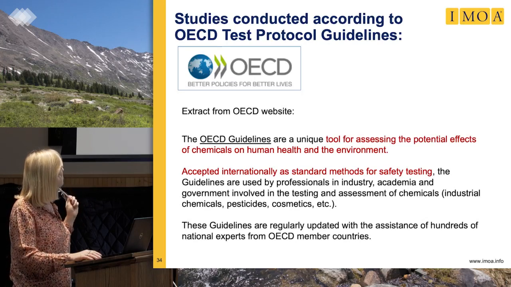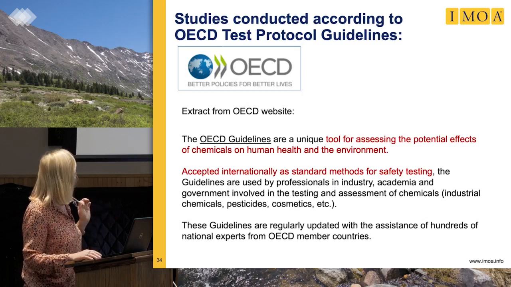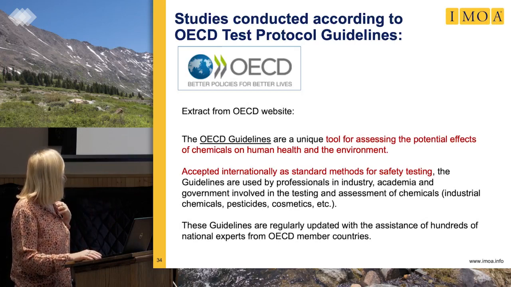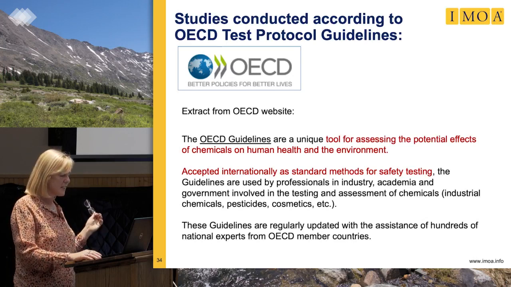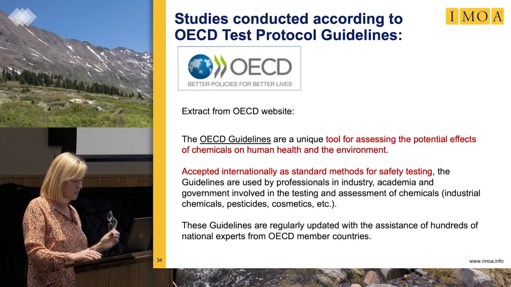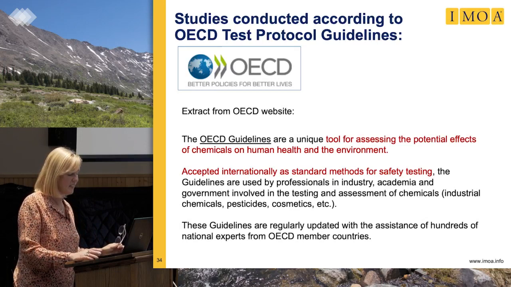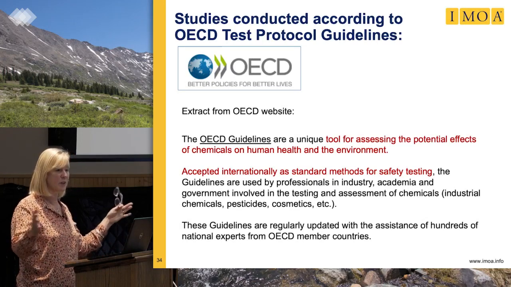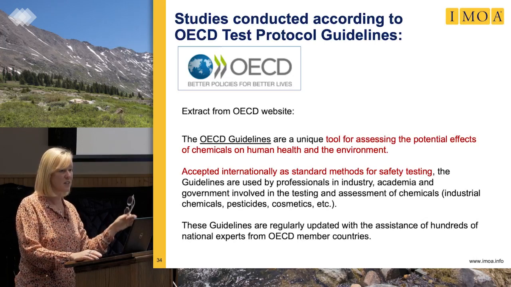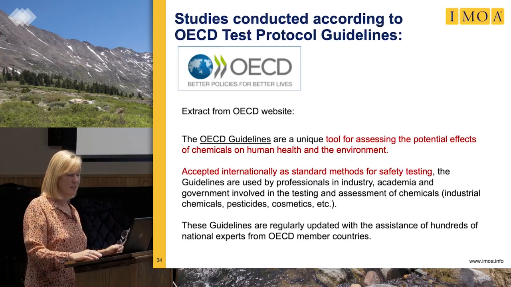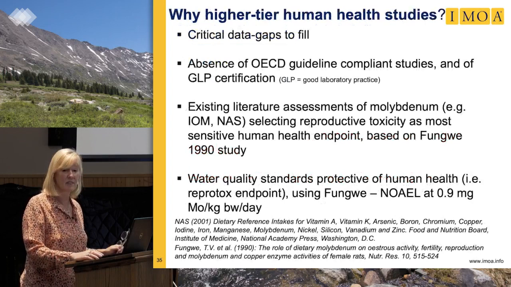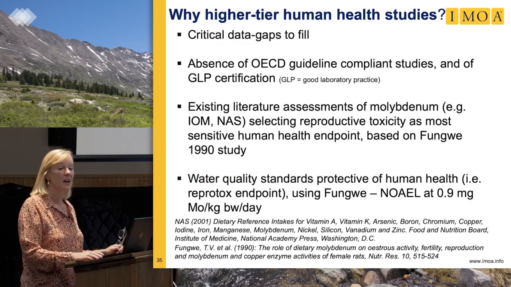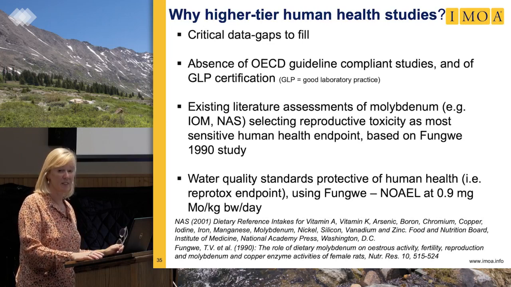The guidelines are used by professionals in industry, academia and government involved in the testing and assessment of chemicals, and they are regularly updated with the assistance of hundreds of national experts of the OECD member countries. So that is a very broad swathe of professionals that are focused on making sure that these methodologies and protocols are very rigorous.